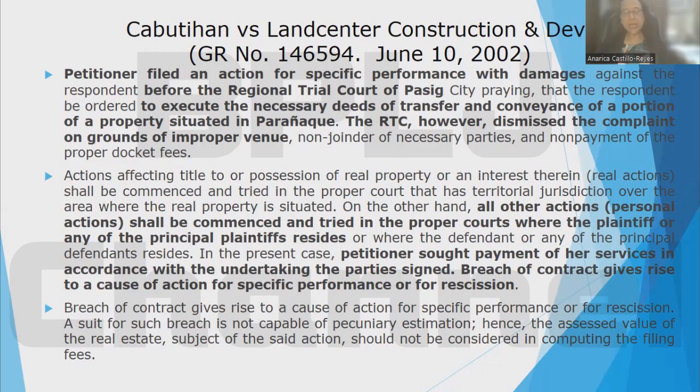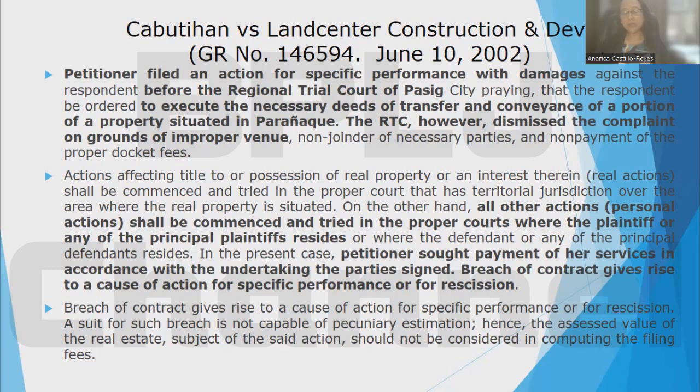So in this case, actions affecting title to or possession of real property, real action shall be commenced in the court which has territorial jurisdiction over the area where the property is situated. All other actions, personal action shall be commenced in the courts where the plaintiff or any of the principal plaintiff resides or where the defendant resides.